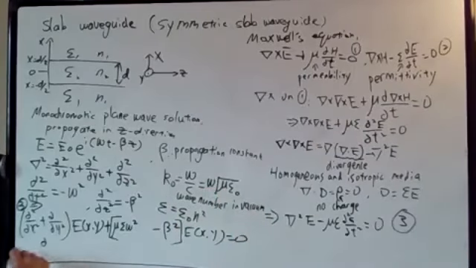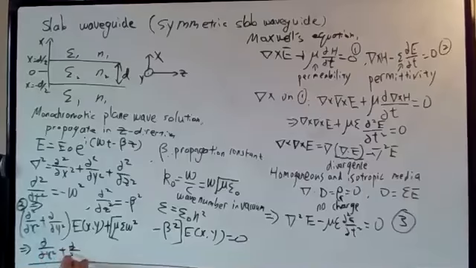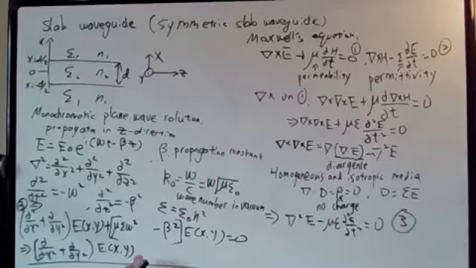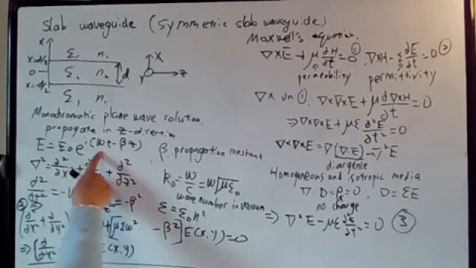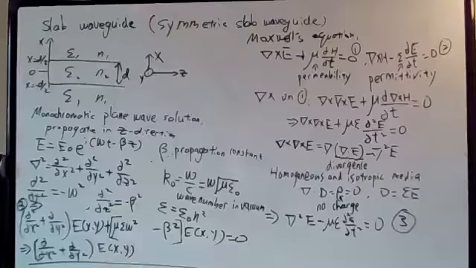So let's rewrite this equation: partial x squared plus partial y squared. Can you all see it? Yes. Okay, partial y squared, and then E of x, y, right? So this is the X and Y profile, because the Z and omega t profile we already know.